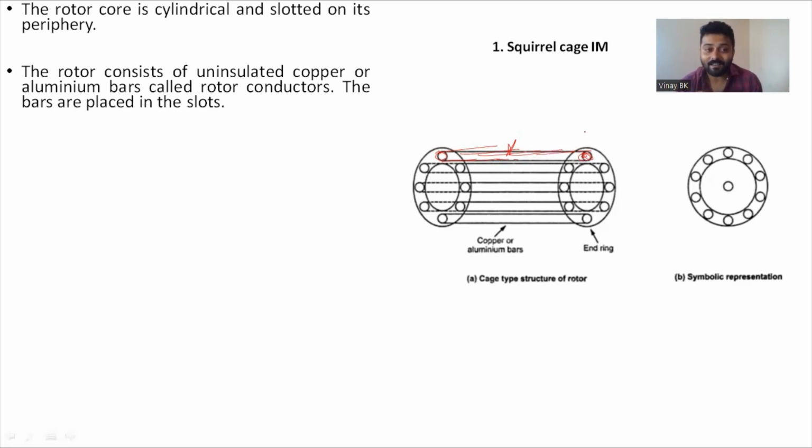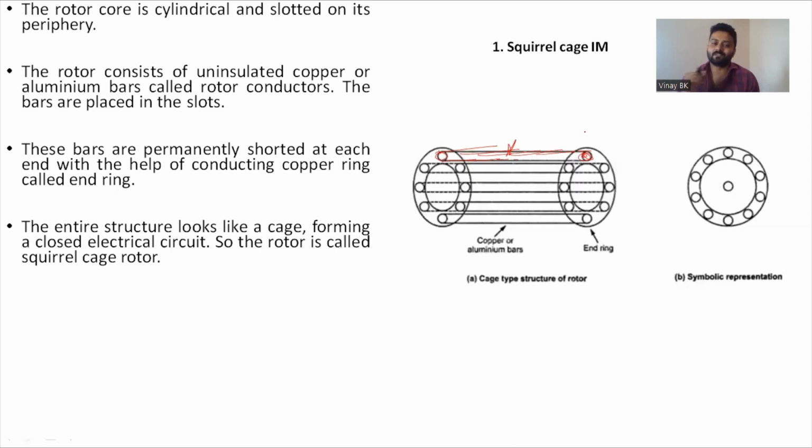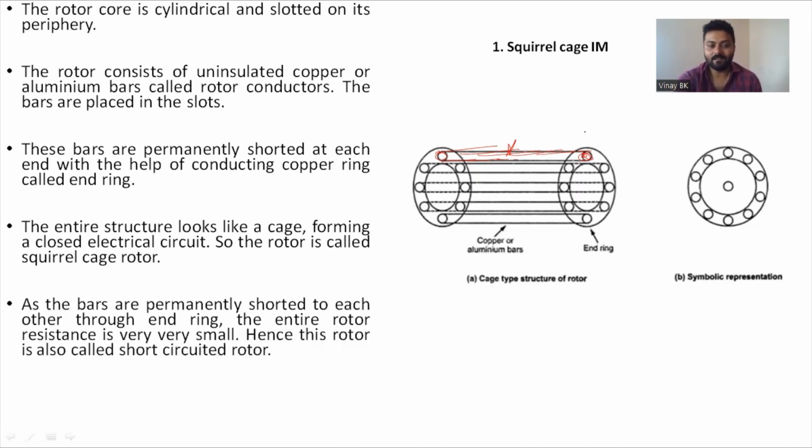The bars are placed in the slots, and these bars are permanently shorted at each end with the help of a conducting copper ring, which you call the end rings. So the end rings are short circuited with uninsulated copper or aluminum bars. Hence the entire structure, which looks like a cage, forms a closed electrical circuit, so the rotor is called a squirrel cage rotor or squirrel cage induction motor.